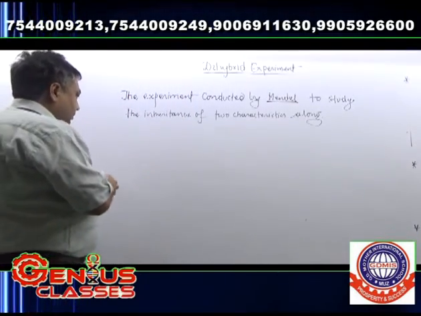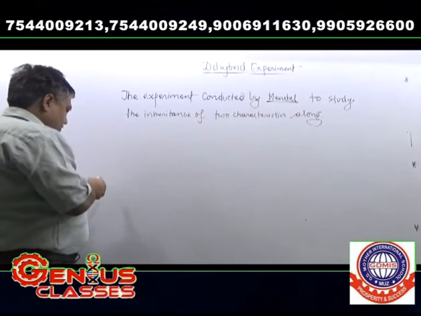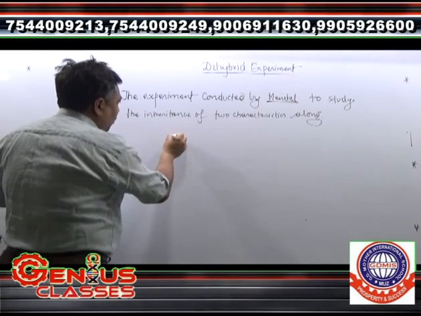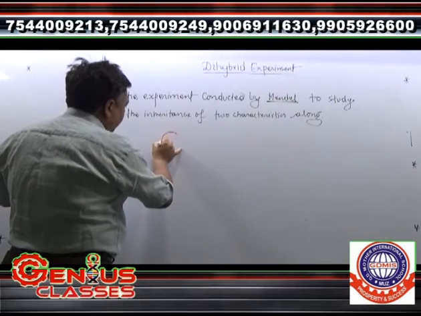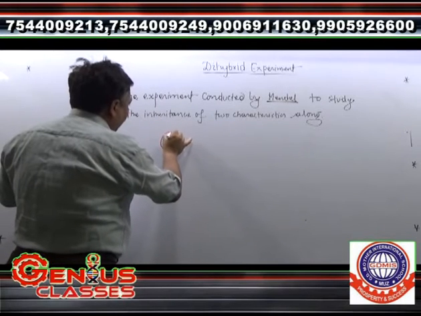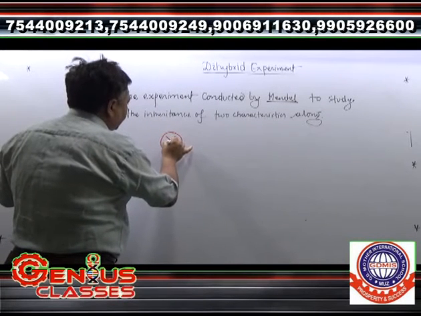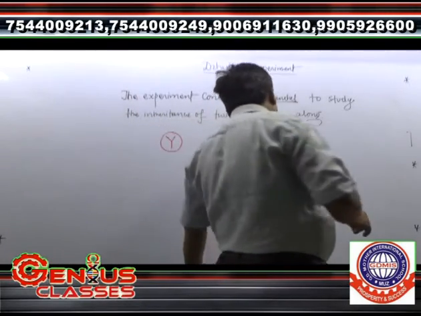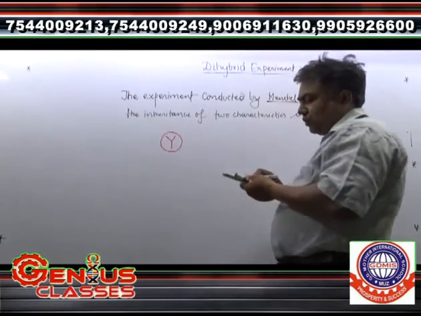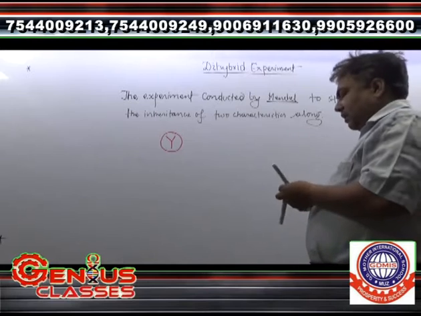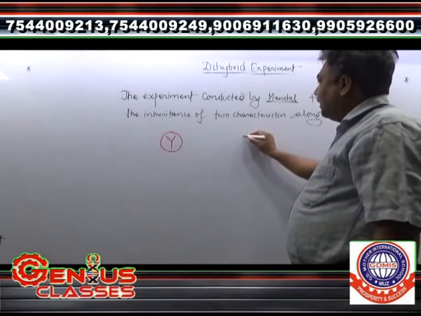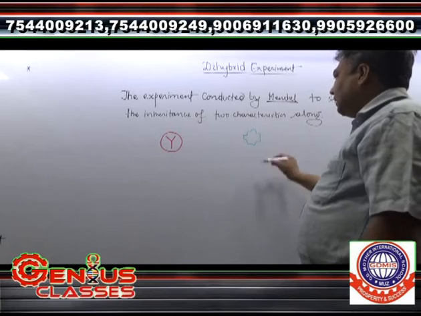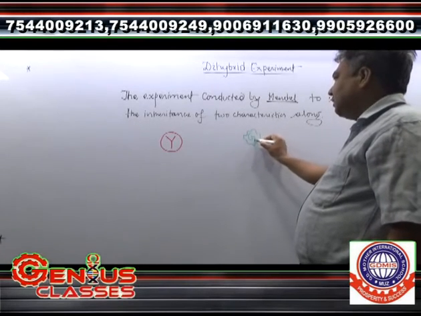That was, seed shape was round and yellow in color. Round and yellow. And the other seed was wrinkled, and the color was green.